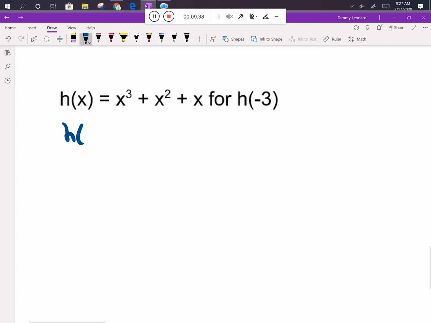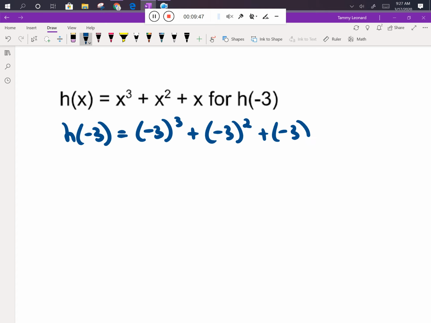So that means that each of the x's should be replaced by a negative 3. And notice I'm putting that negative 3 in parentheses each time. That's my hint to you for how to get started. Please complete this problem as part of your homework and then submit your work in the Google Classroom.